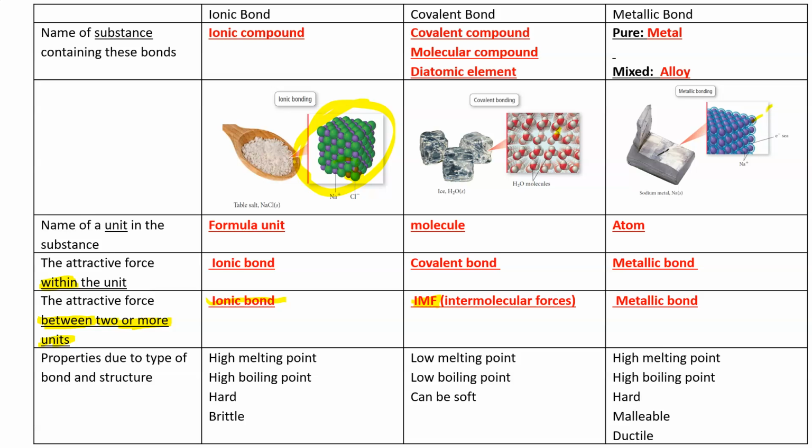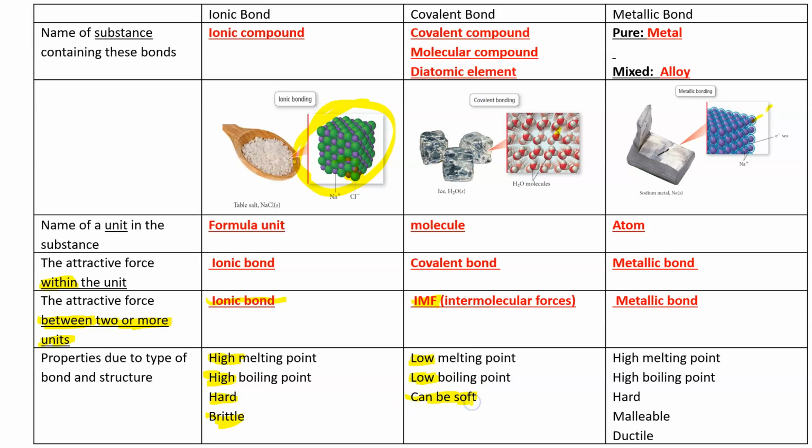Then we've got our properties due to the type of bond and structure. You've got a high melting point for ionic bonds, a high boiling point for ionic bonds. They're hard, they're brittle. For covalent bonds, we have a low melting point, a low boiling point, and they can be soft.